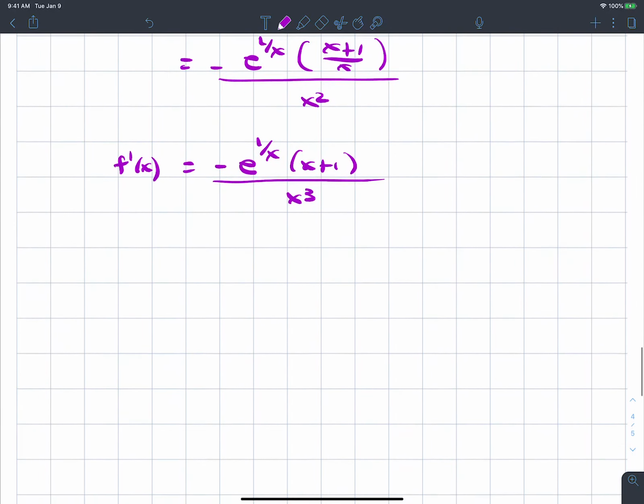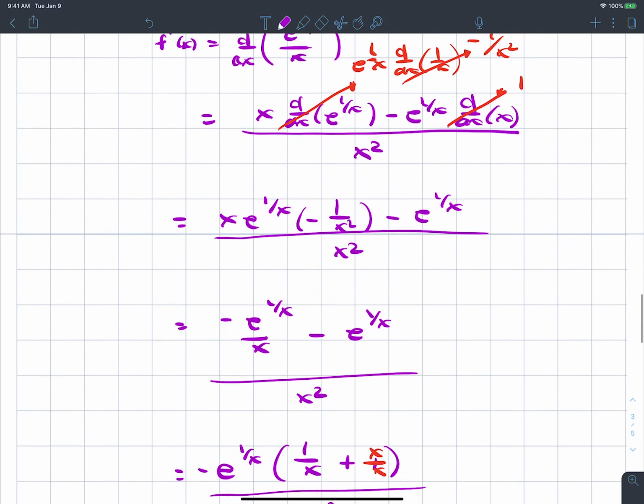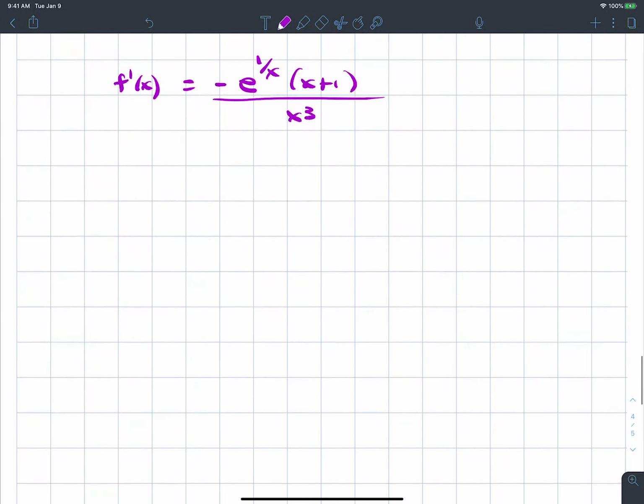You guys can double check to see if we made any mistakes here. Let's go back and double check everything quickly. Now remember, we're supposed to do sign analysis on this. You want to know where this rational derivative equals 0.